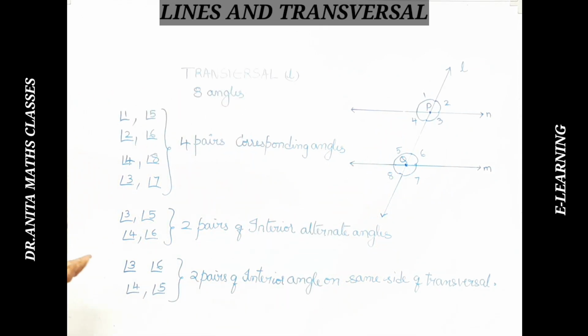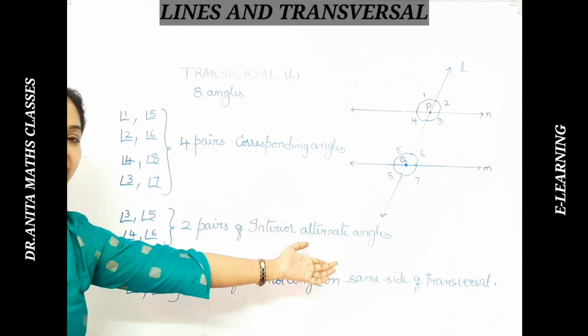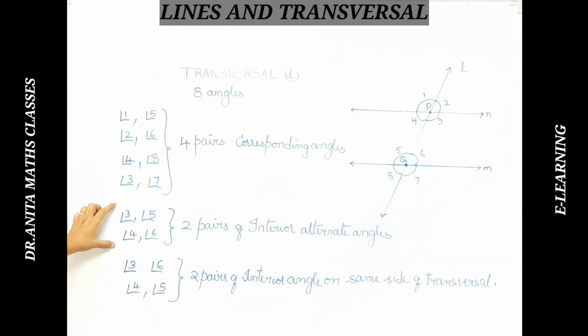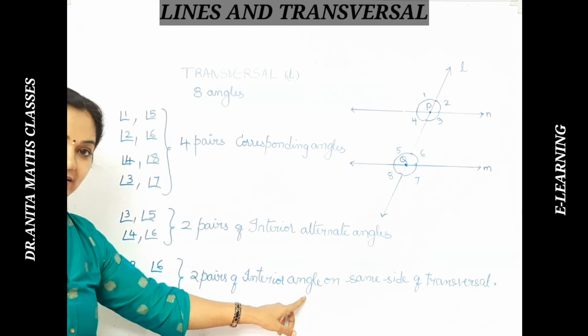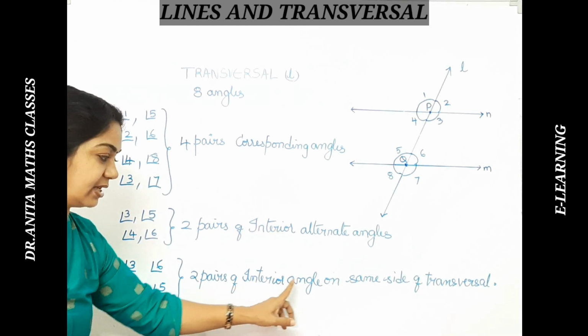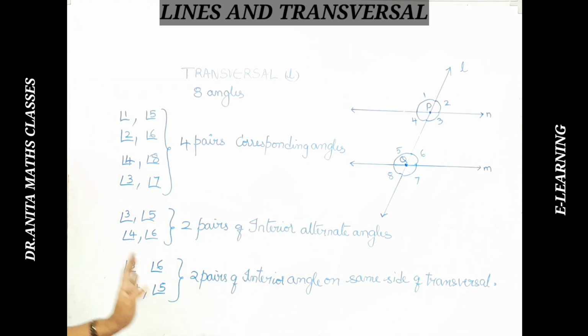So altogether, this is one type, corresponding angles. How many? 4 pairs. And this type is interior alternate angles, 2 pairs. And here we are taking 2 pairs of interior angles which are not alternate, remember, but on the same side of the transversal.